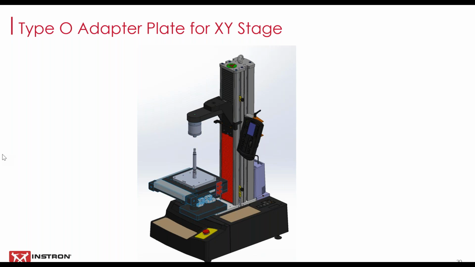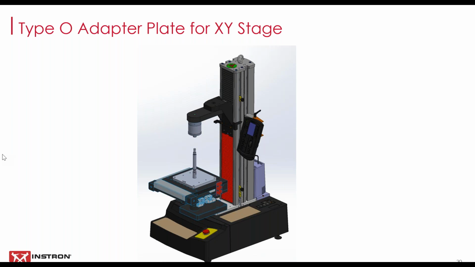Either one works. Another option, if you want to use a normal grip connection type, to use either tensile grips or compression platens on top of the XY stage, we do offer an optional type O connection type, and it will allow for you to do testing without having to remove the XY stage. However, I would like to note that this testing is limited to 2 kilonewtons for both compression and tension, while the XY stage is still fixed to the frame.